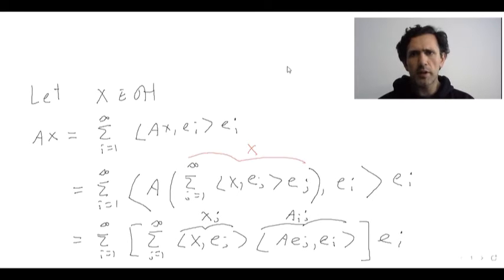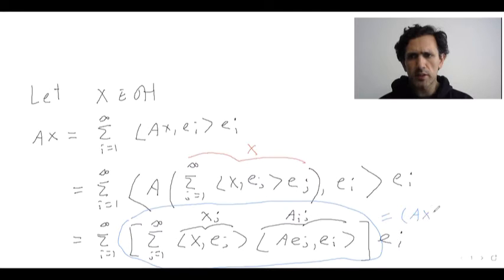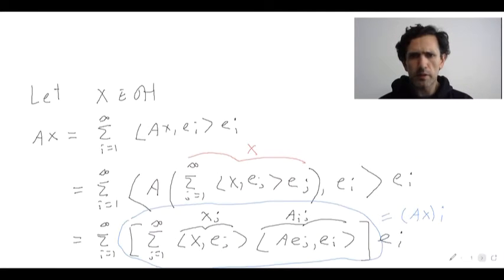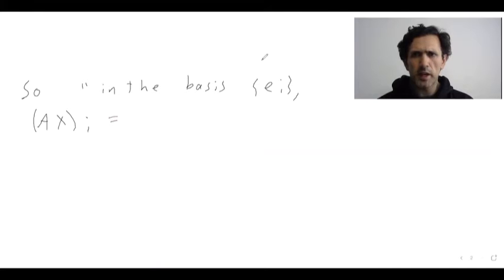So this whole thing here that I'm circling is going to be what I denote (AX)_i. Well, this is just given by this formula here.